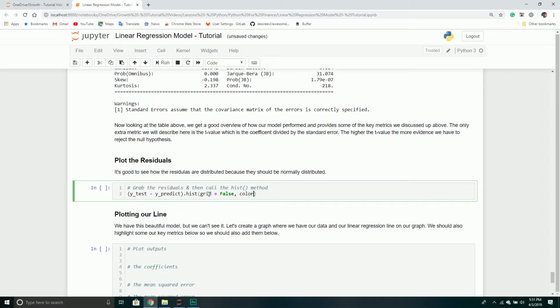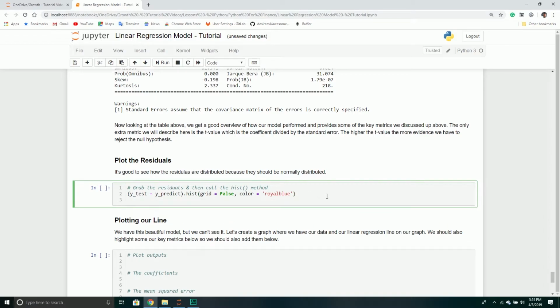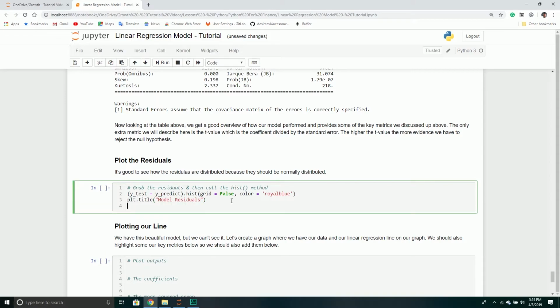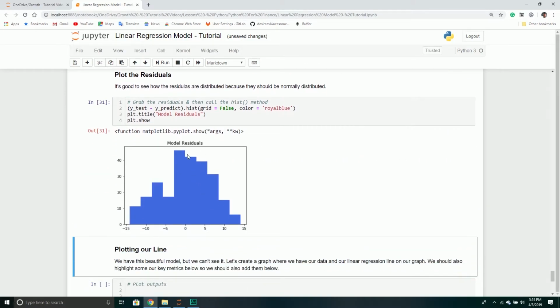And for the color, we'll change it up and set it equal to royal blue. From here, we'll add a plot title, model residuals, and then we'll show it. Okay, apparently it did that.